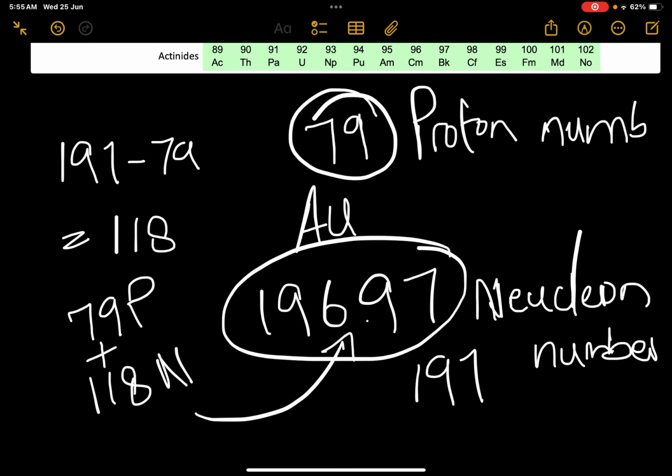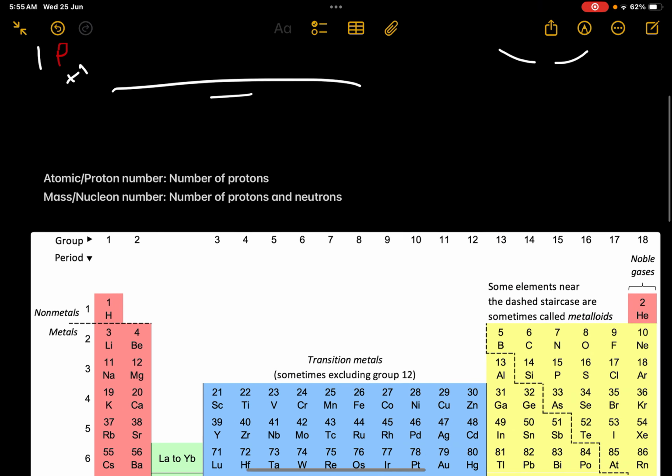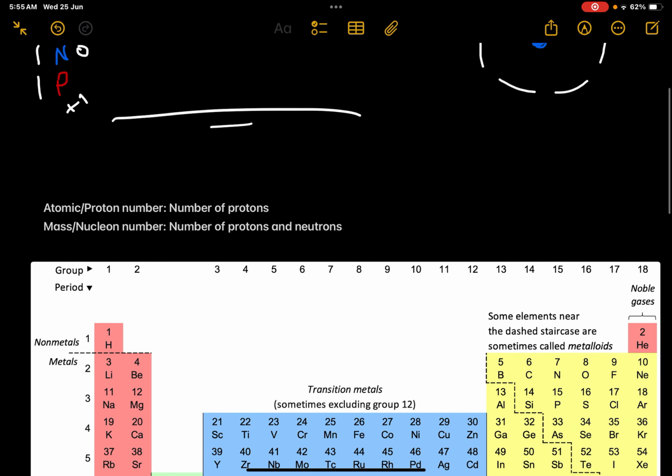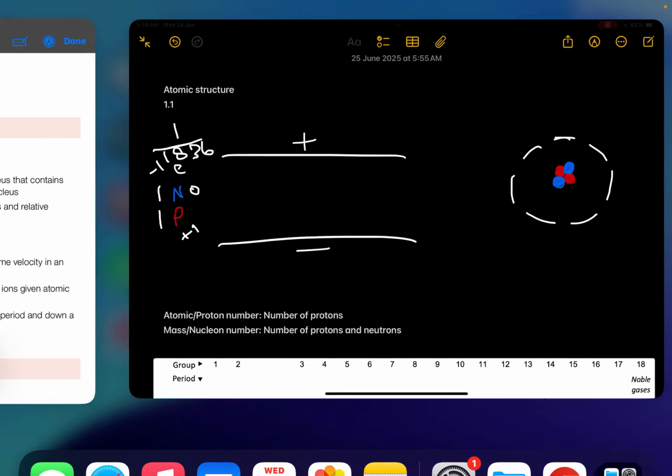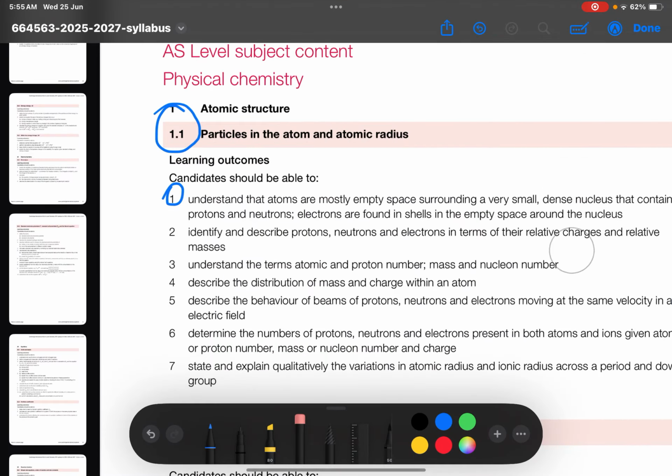Moving on, we're on the fourth point, I think. We've talked about the fourth one. Let's go to the fifth one. We have to describe the behavior of beams of protons, neutrons, and electrons moving at the same velocity in an electric field.